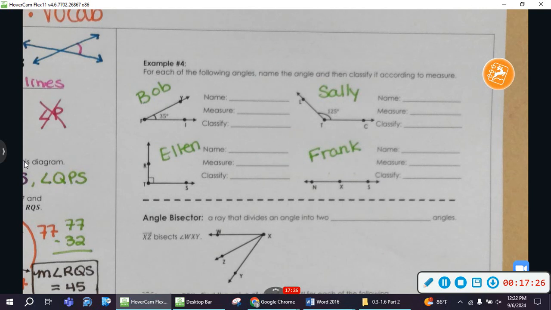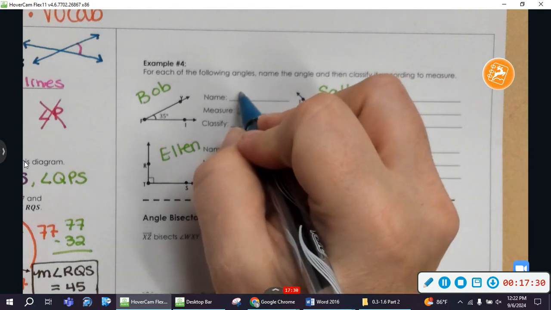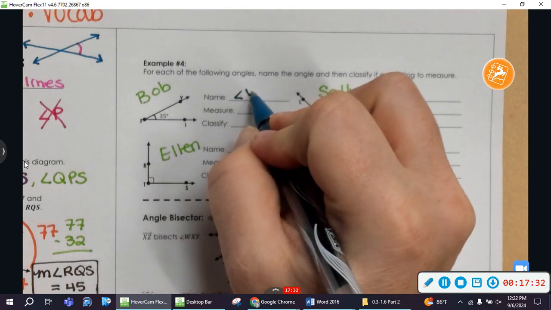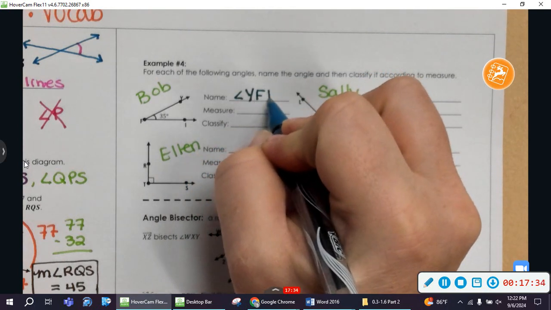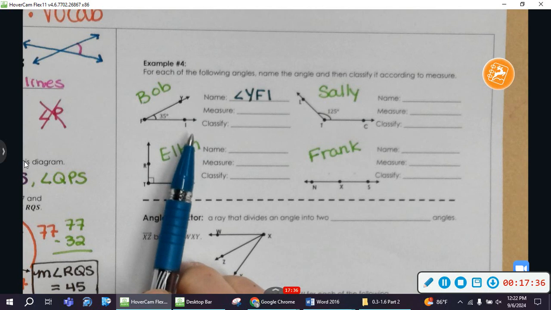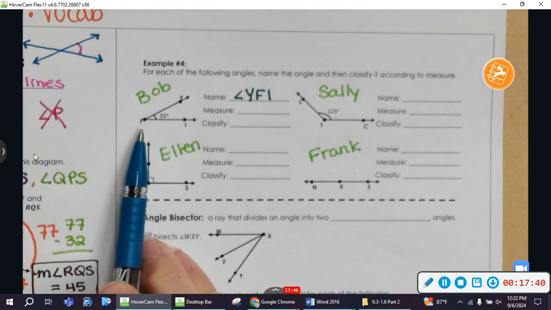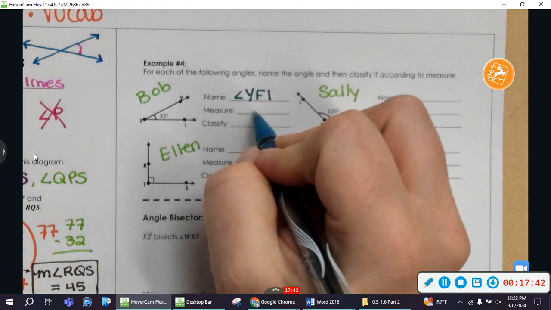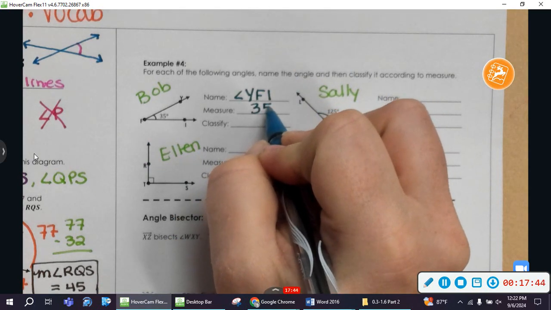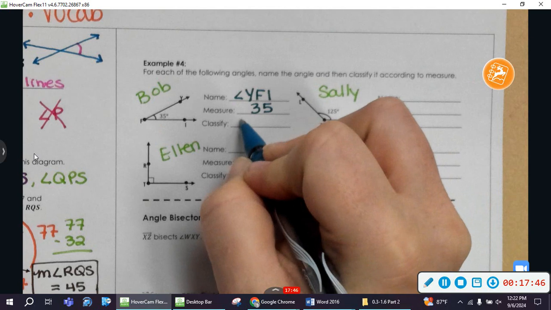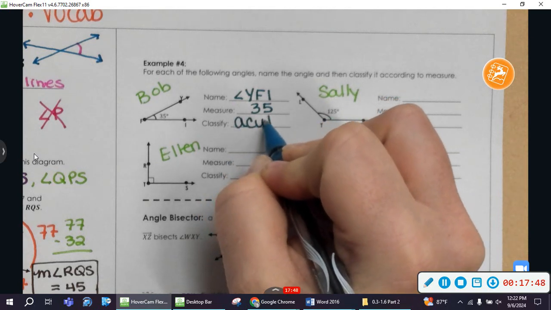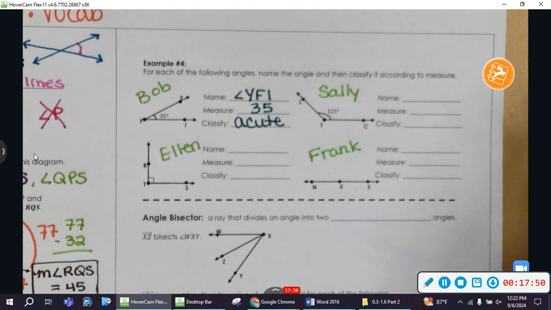So I asked you guys, what is Bob's actual name? And you told me angle YFI. It could be angle IFY. In this case, it could be angle F. Now, its measurement is 35, and its classification is acute. So Bob, aw, he's a cute dude.